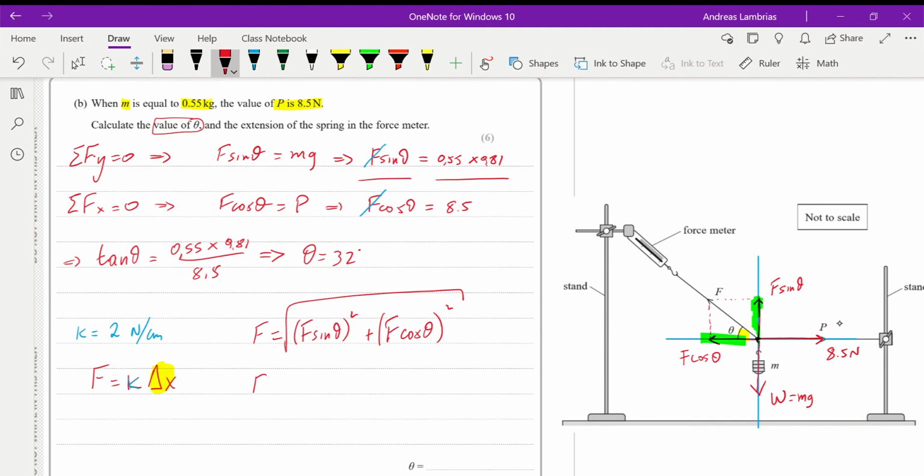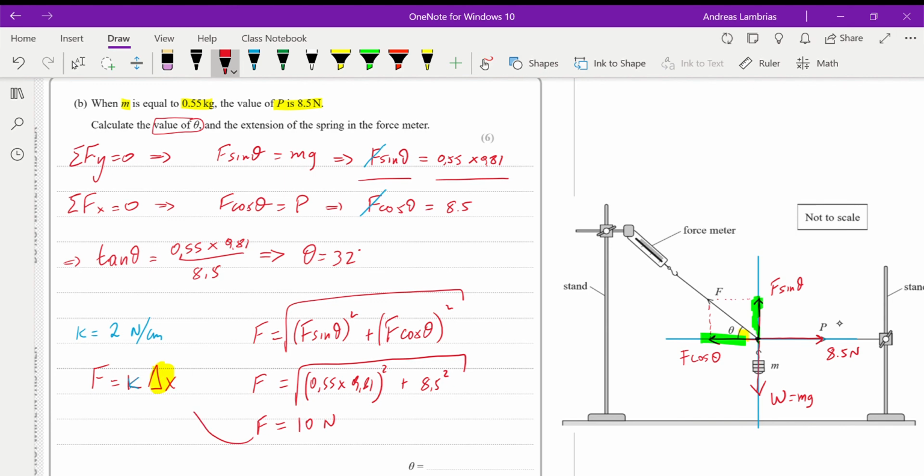F sine theta is equal to mg, which is 0.55 times 9.81, squared, plus F cos theta, which is 8.5 squared. By doing these calculations, you will find that F is around 10 newtons.